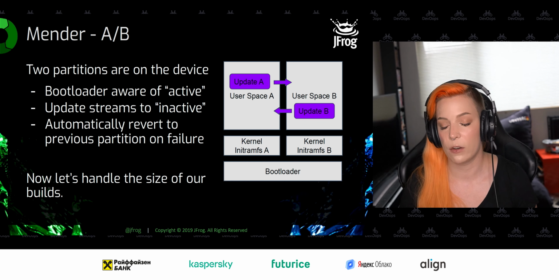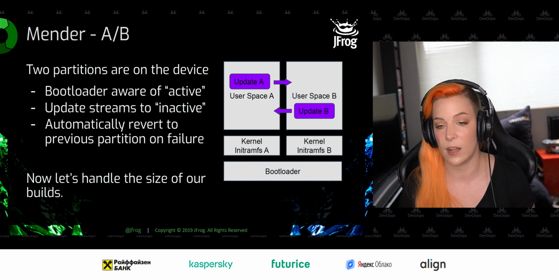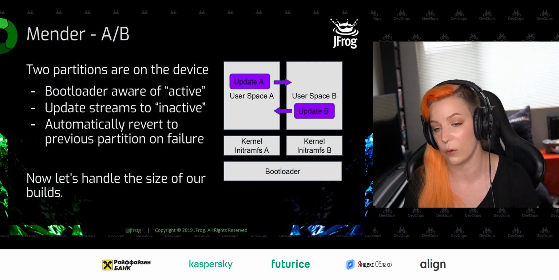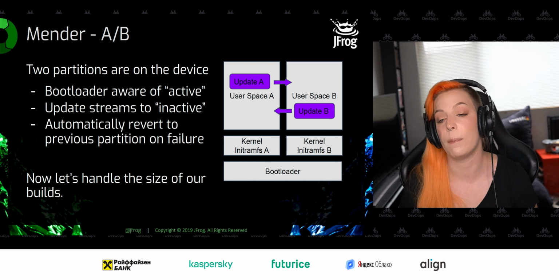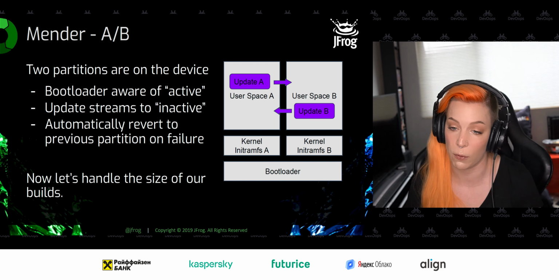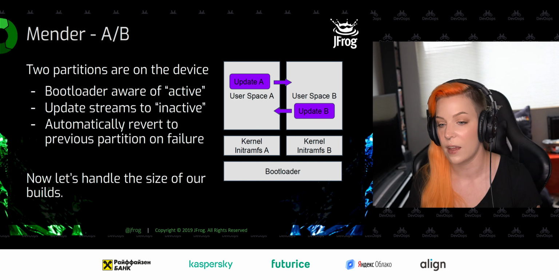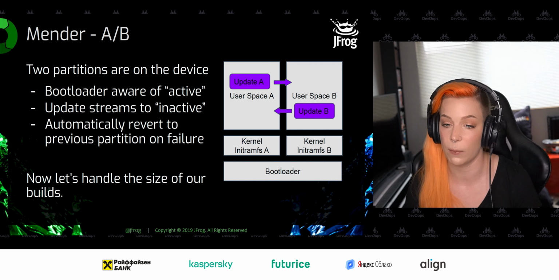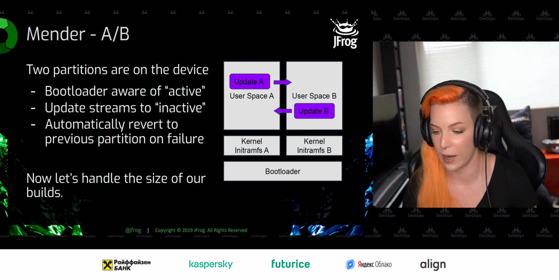At this point, the partition running the update is designated as active, and on reboot, the bootloader switches into the newly updated partition. But because the old partition with the previous version still exists, if something goes wrong, it won't boot, it doesn't behave correctly, it can automatically roll back to the old partition and reboot there.